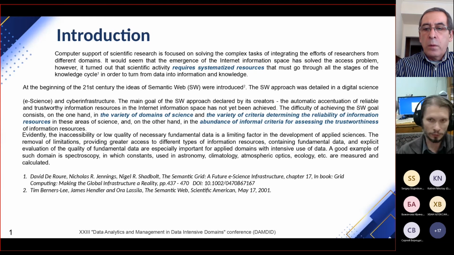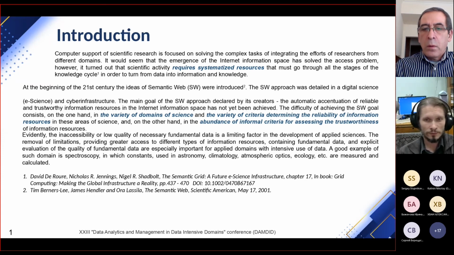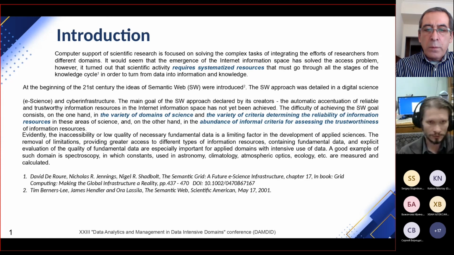Firstly, the variety of domains and sciences, and the variety of criteria determining the reliability of information resources in those domains. And secondly, the abundance of different informal criteria for assessing the trustworthiness of this information, which makes it pretty difficult to algorithmize these criteria.